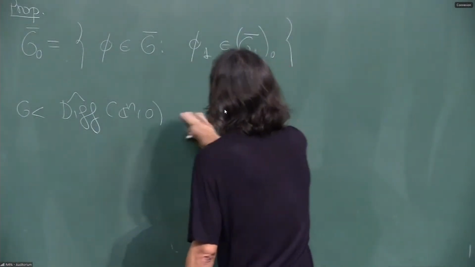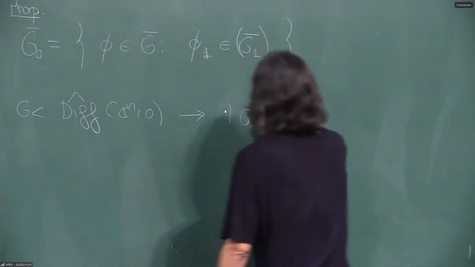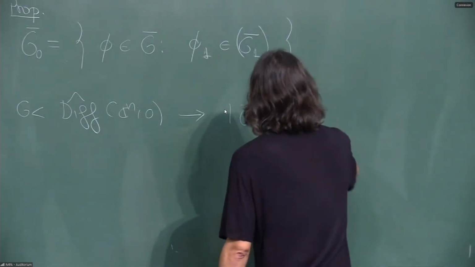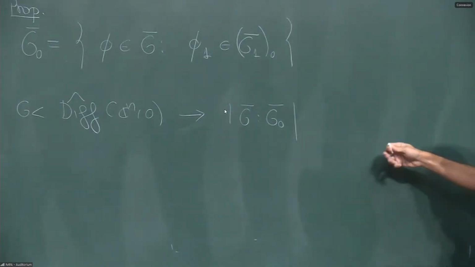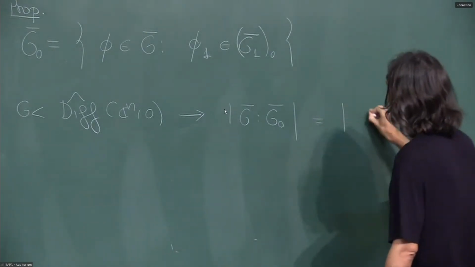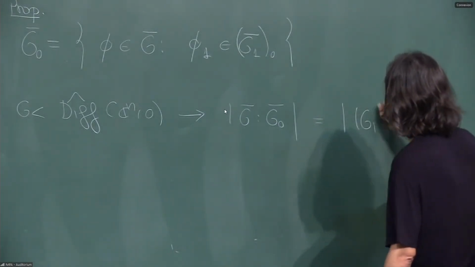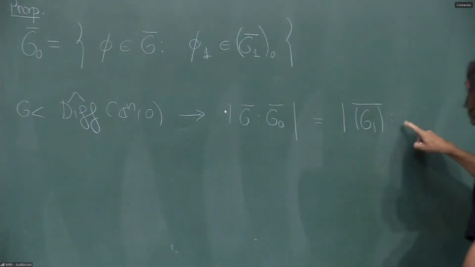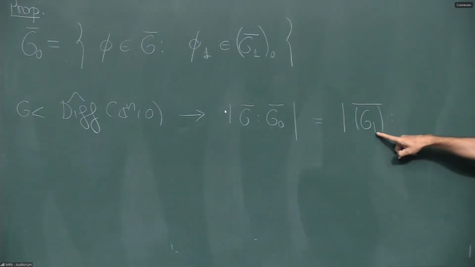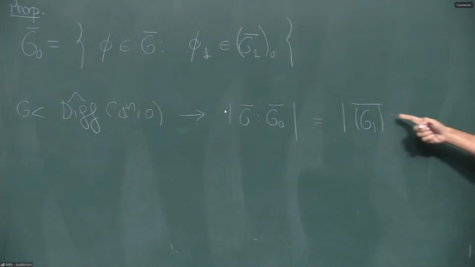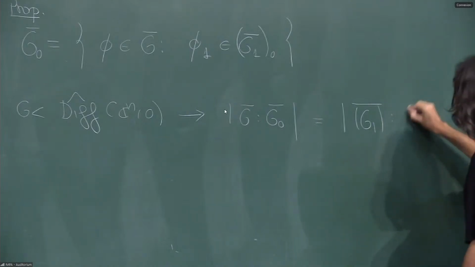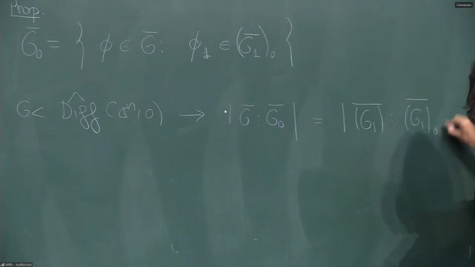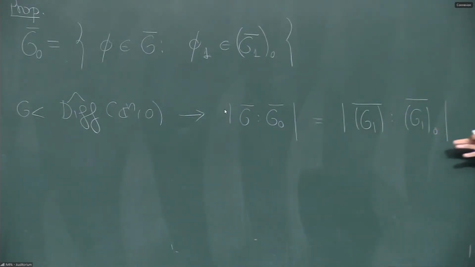I'm not going to prove this here, but this index is indeed the index of the connected component of the identity of the closure of G1 in that closure. And obviously, you are working here in a finite dimensional setting, so this is finite.